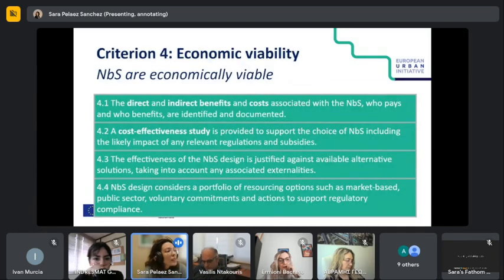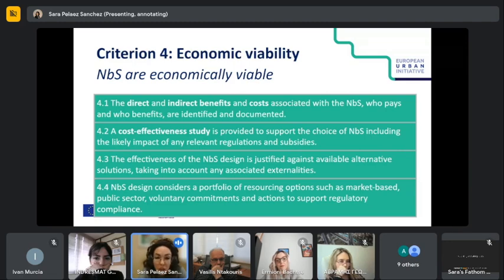So this is a picky criteria. This is economic viability, and you need to demonstrate that your intervention is economically viable. You need to consider direct and indirect benefits and costs associated with the NbS, who pays and who benefits.